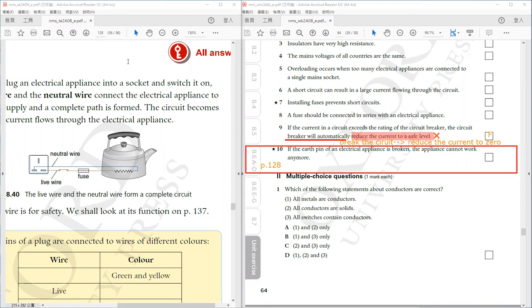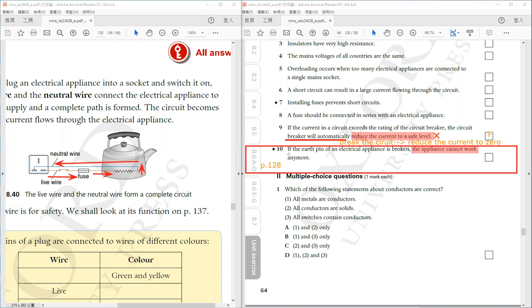You imagine the appliance works well when there's a live wire connecting to the appliance and to the kettle back to the neutral wire. It does not need an earth wire to work well.